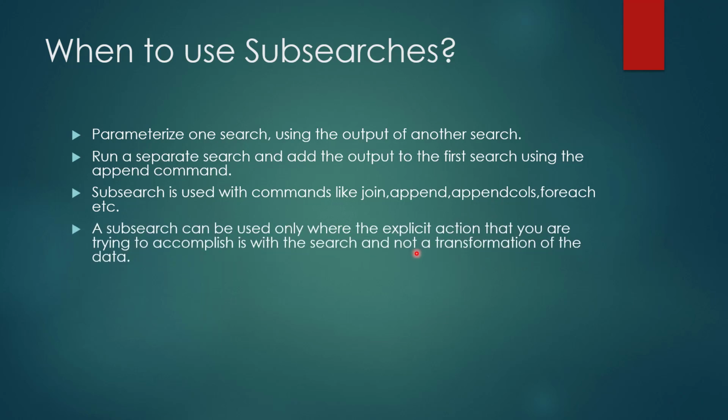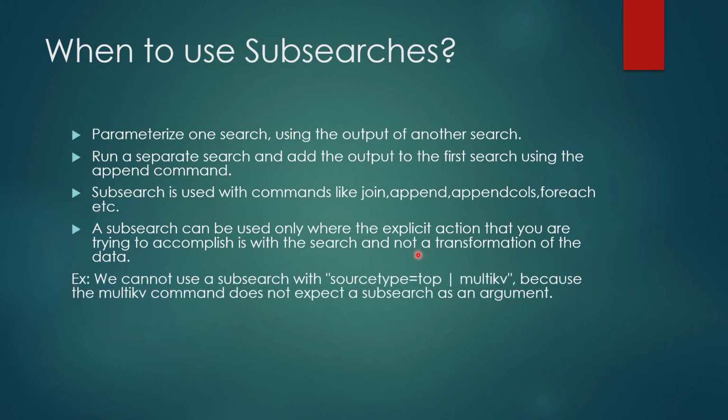Now this is an important one: not all commands support a sub search as an input. Suppose we have a command something like this one: sourcetype equals something, and then multikv. We cannot use a sub search with this particular one because this is a transformation command.